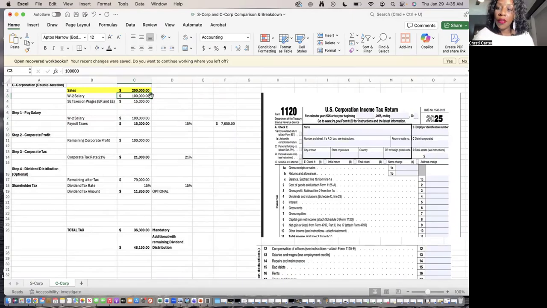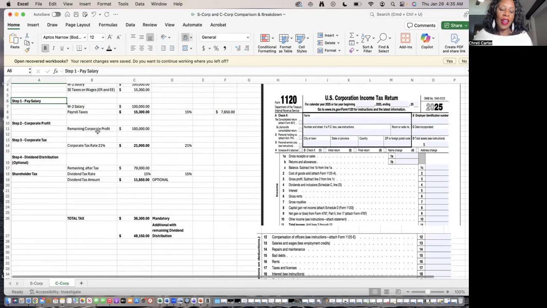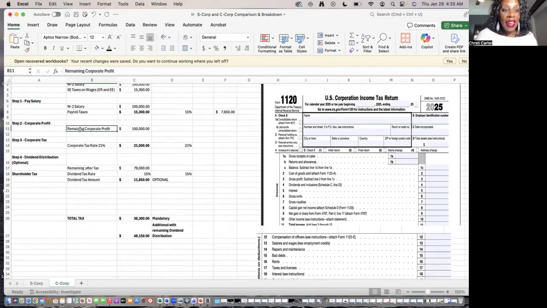So you pay yourself a W-2 salary of $100,000. Of course, you still have to pay 15.3% on self-employment tax, which includes Social Security and Medicare. So 15.3% of $100,000, same thing, is $15,300. Next step, and one of the highlights of a C Corp, is the fact that there is a set corporate tax rate of 21% in this scenario.